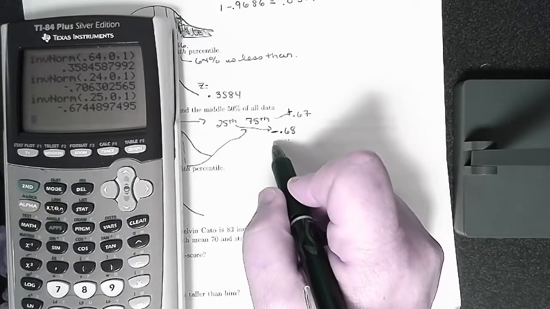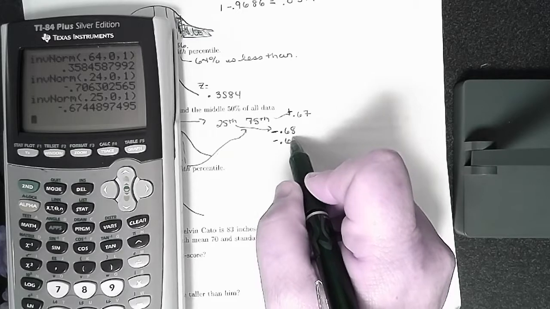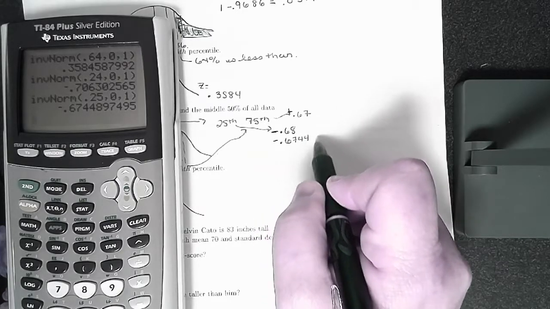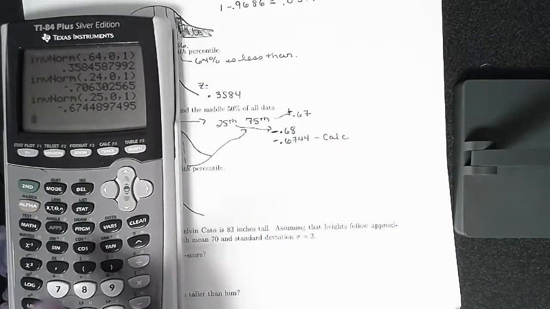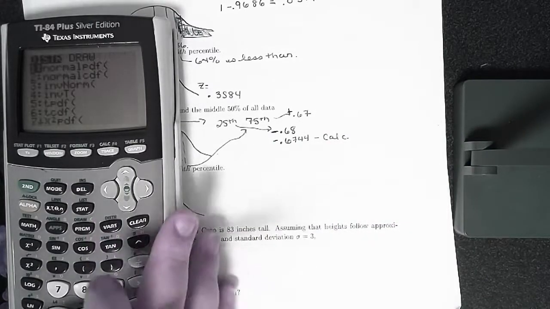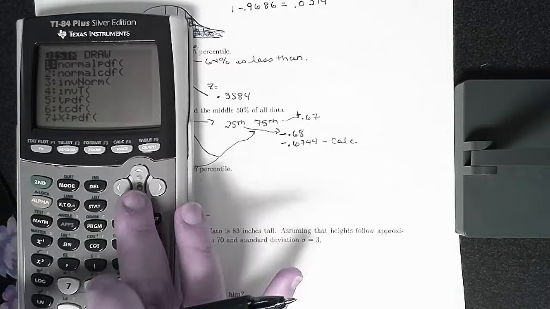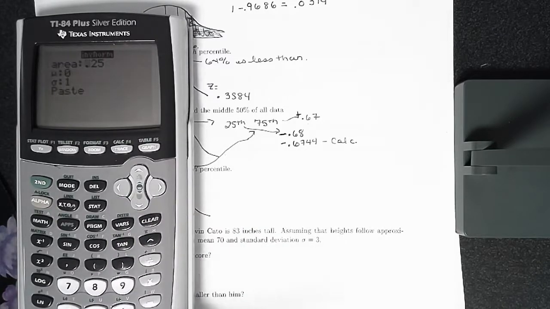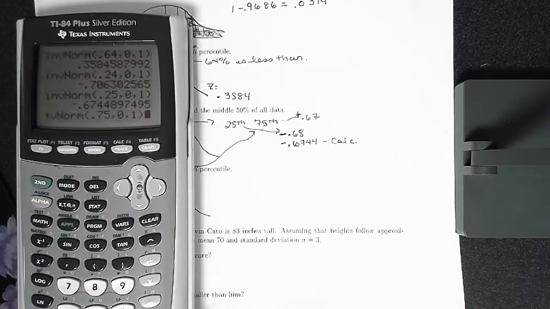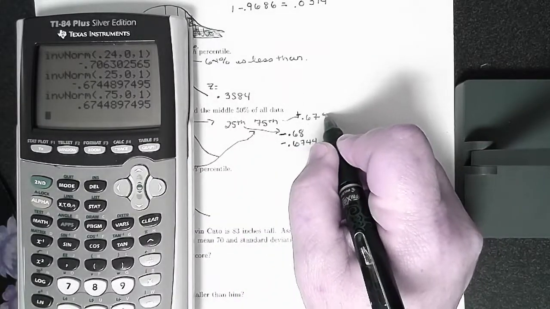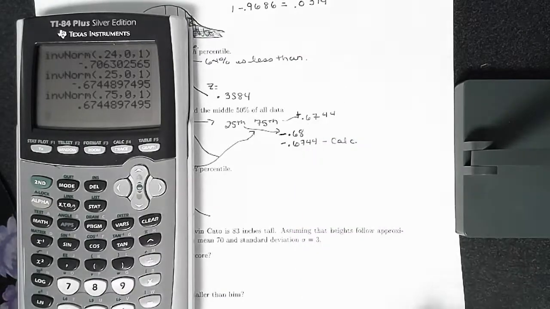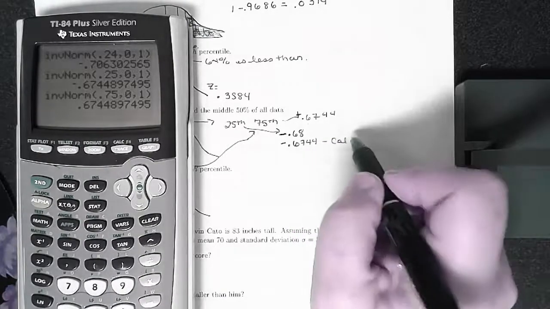So that's with the calculator. And then if we're doing the 75th percentile, I'll do second vars again and do inverse norm, and I'm going to do 0.75. Okay. All right. So that's 0.6744 positive. So that's with the calculator as well.